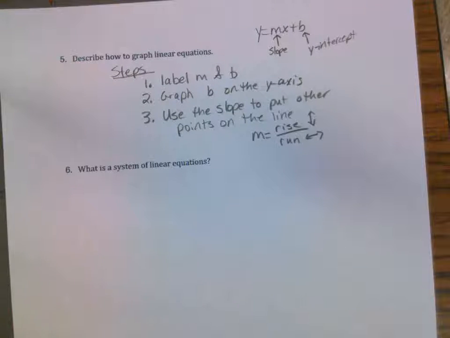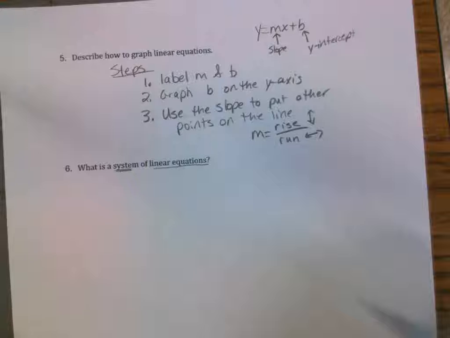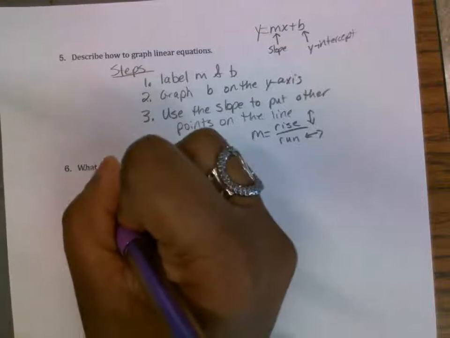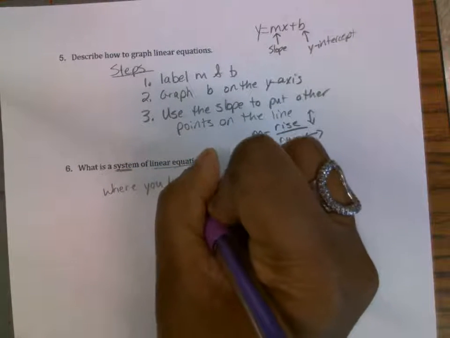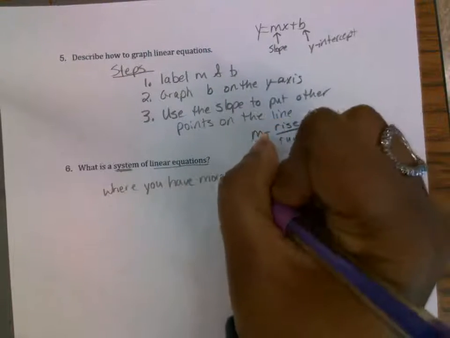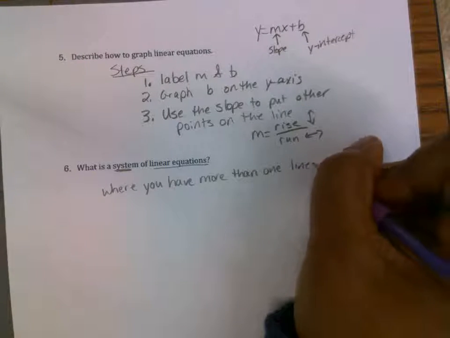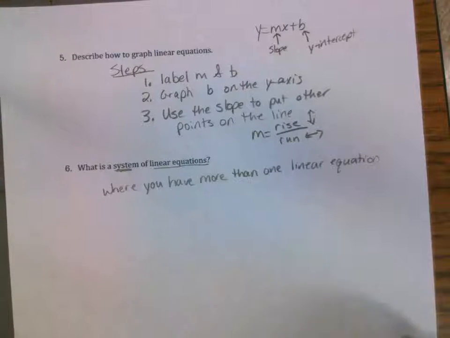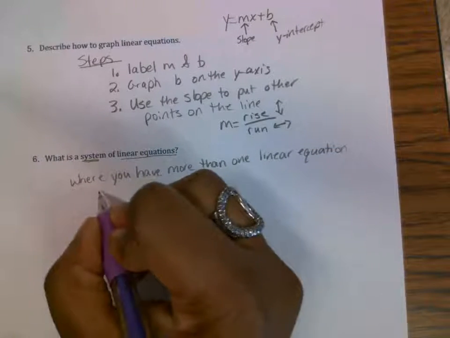Okay? What is a system of linear equations? A system of linear equations is where you have more than one linear equation. The x values in both equations have the same meaning.